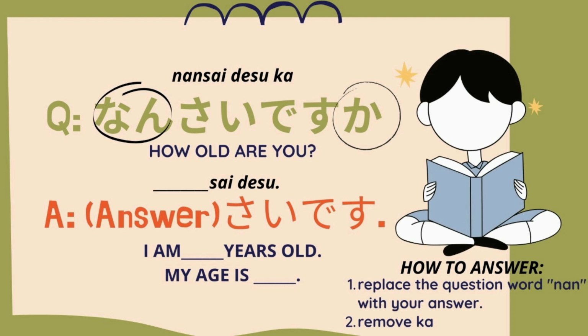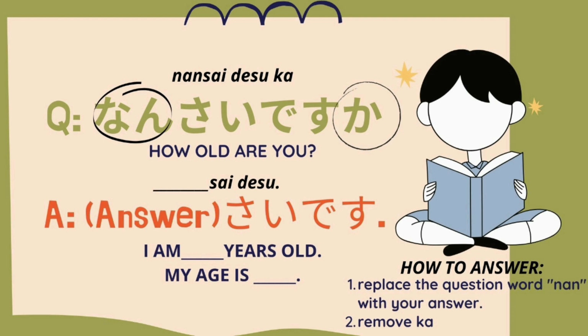Replace the question word nan with your answer and remove ka. Our answer is answer sai desu or blank sai desu, meaning I am blank years old or my age is blank. However, when answering this, be careful with your counters because there is a special counter in age.